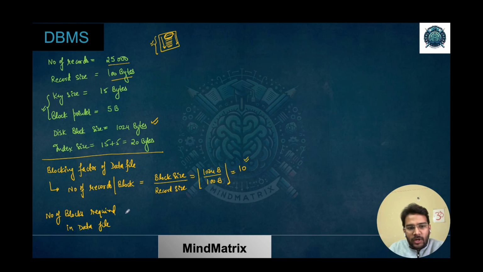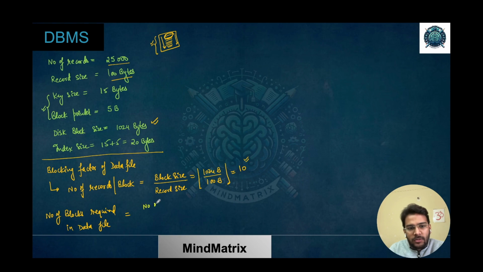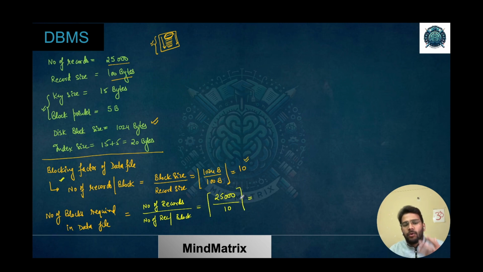So the number of blocks required in the data file is going to be the total number of records divided by the blocking factor of the data file, that is, the number of records per block. That gives you the total blocks required in the data file. So 25,000 divided by 10 records per block, and you have to take the ceil of it, because whenever we talk about the number of blocks we have to take the ceil.